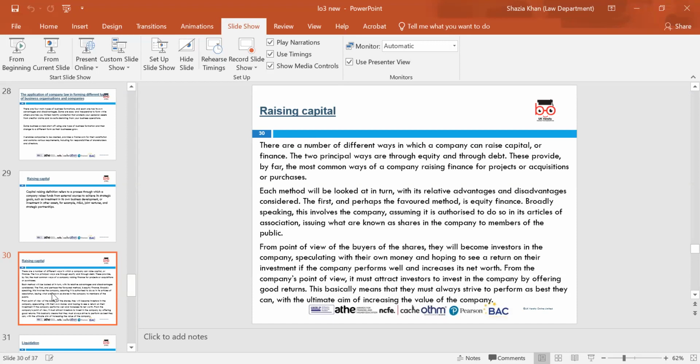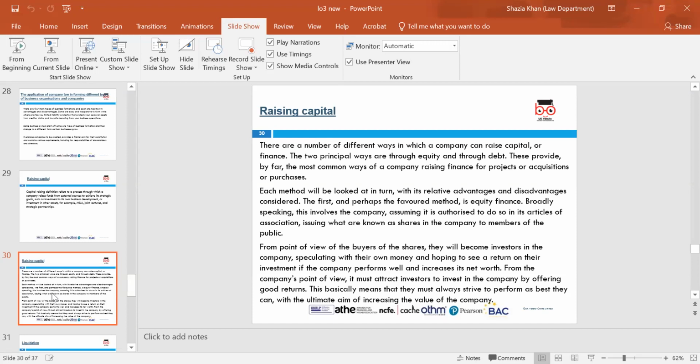The first and perhaps the favoured method is equity finance. Broadly speaking, this involves a company, assuming it is authorised to do so in its articles of association, issuing what are known as shares in the company to members of the public.